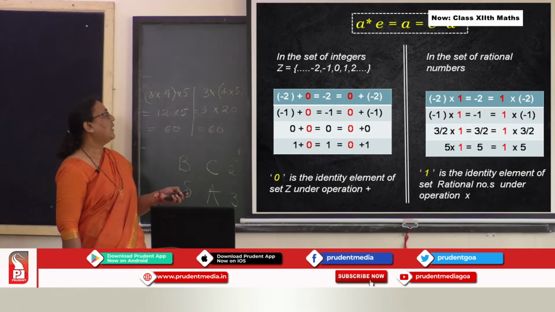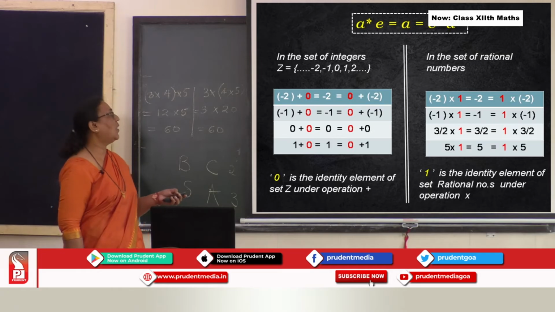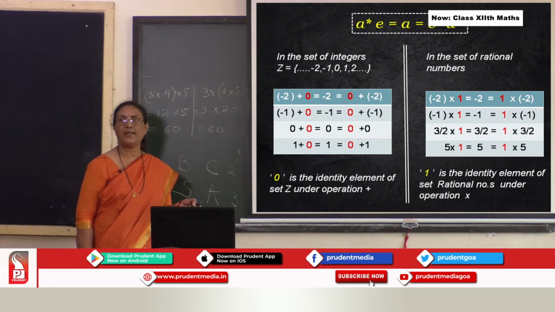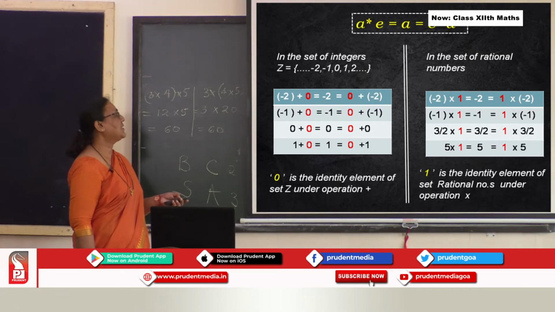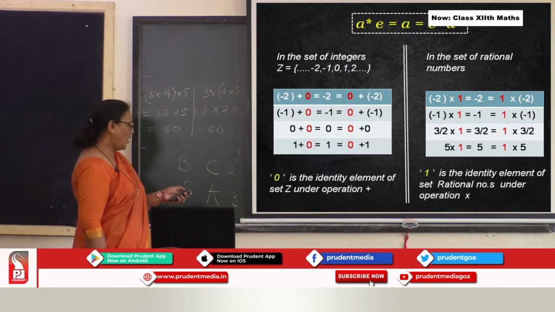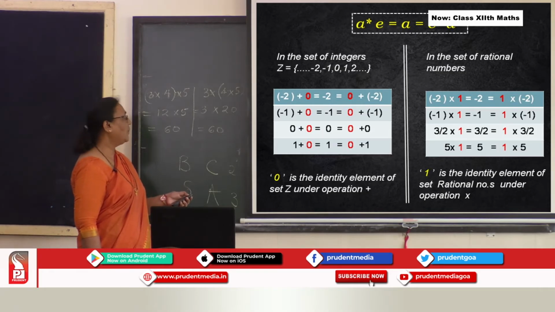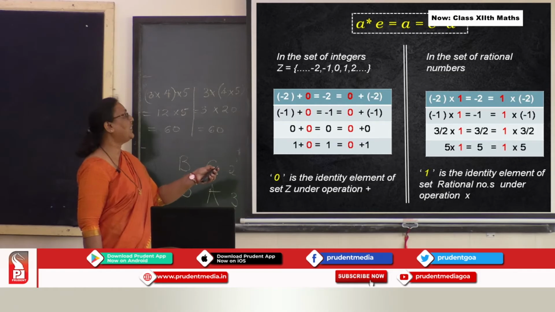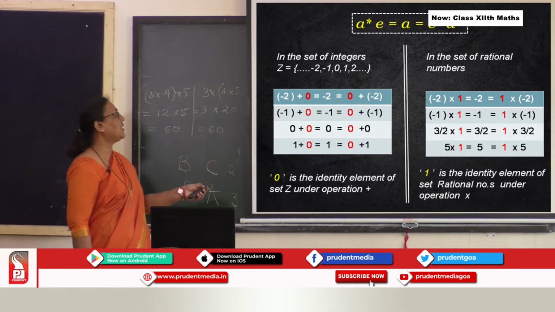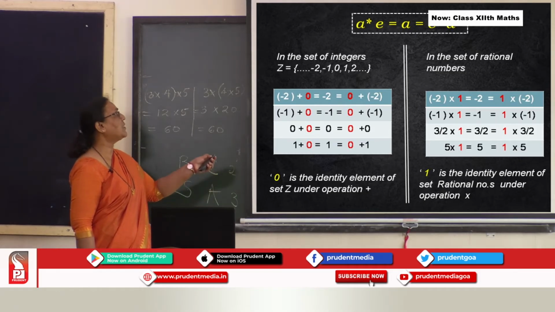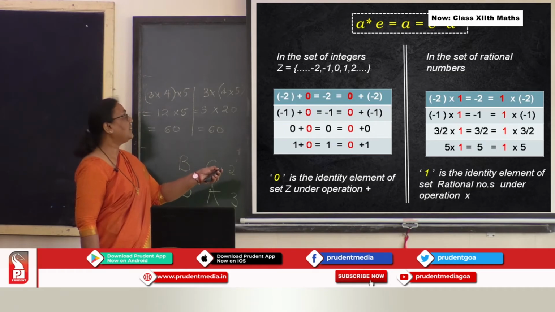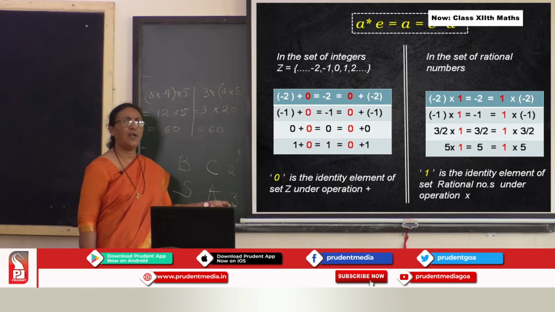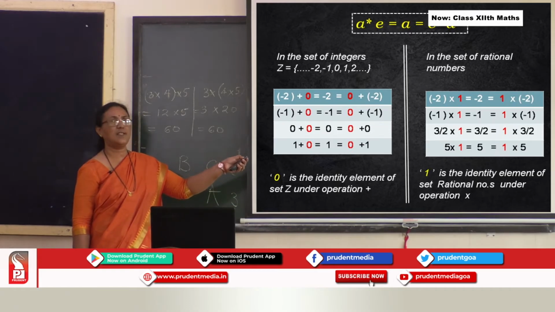Now see, in the set of integers, all these are integers, 0 is there, minus and plus numbers. Have you all seen this table here? All these numbers are members of this set Z, the set of integers: -2, -1, 0, 1. 0 is added to all of these numbers. Other numbers also you take, there are infinite numbers in the set of integers.